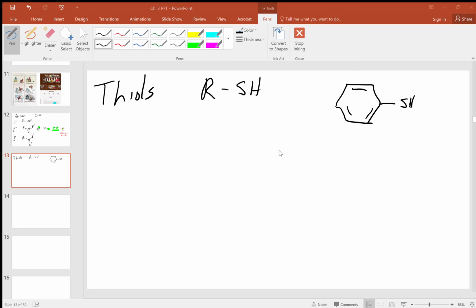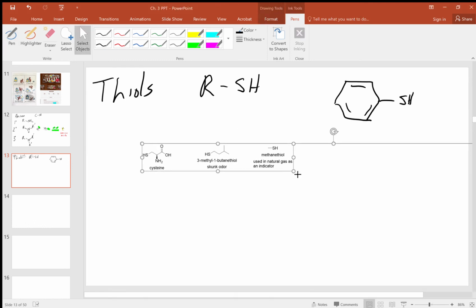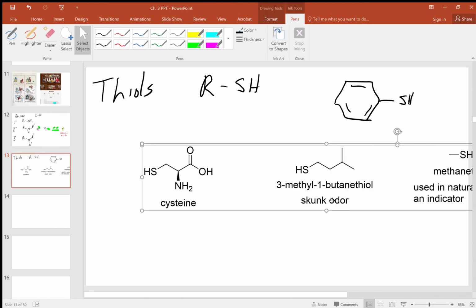So here are some other examples of thiols. Thiols can include some of the molecules we have here, such as cysteine, which is another amino acid.